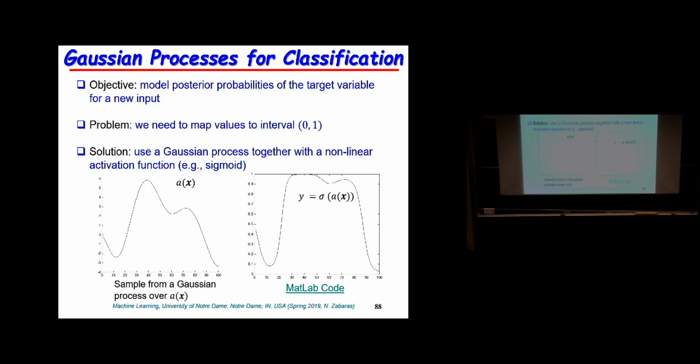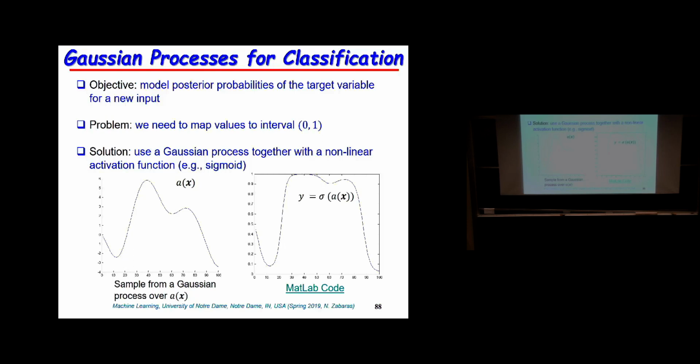So the idea is extremely simple. The implementation is difficult. So the idea is, how about if you put a prior, you create some Gaussian process on the input X, and I call this Gaussian process prior A of X. And A of X will give you samples like this weird function that looks like that. This doesn't look like a probability from 0 to 1, but what you can do is take this weird function, pass it through a sigmoid, and then squeeze it from 0 to 1.